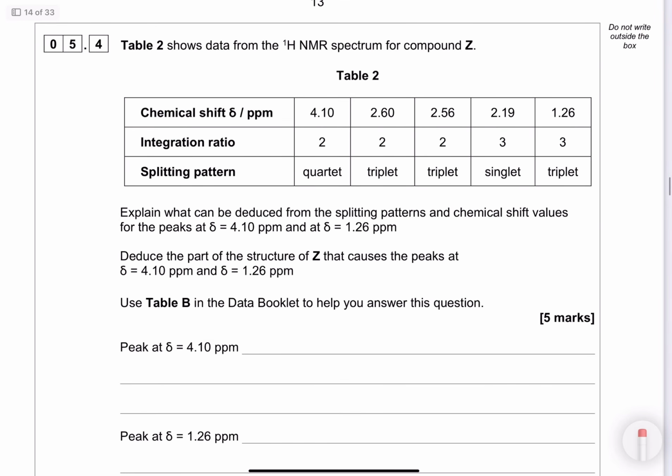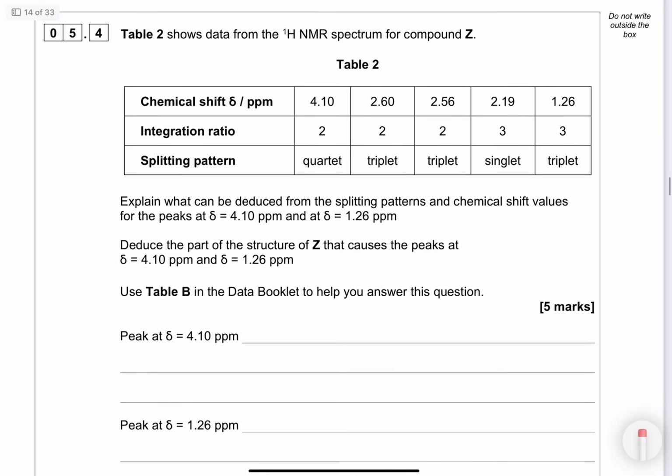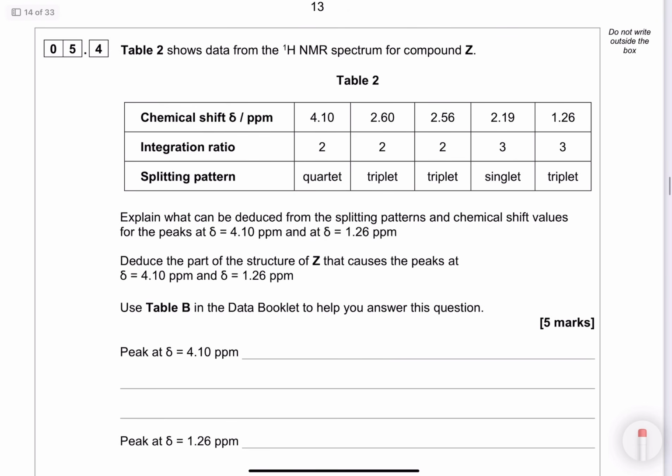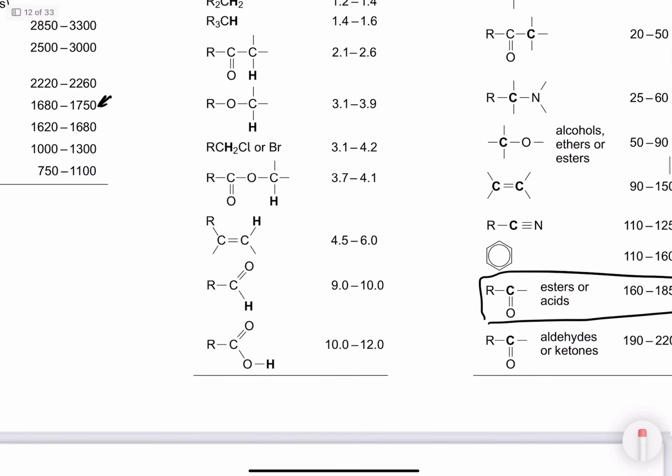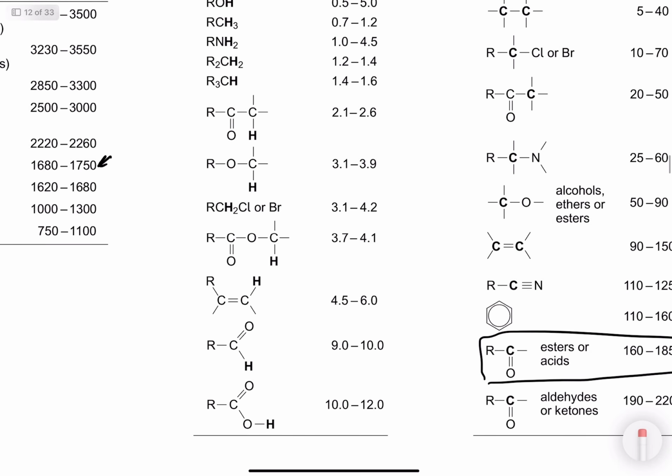Table 2 shows data from the proton spectrum for compound Z. Explain what can be deduced from the splitting patterns and the chemical shift value. So at delta 4.1, we want to go to the data sheet and find out what the chemical shift says. So I'm just going to have to scroll back, so my data sheet's here. 4.1.